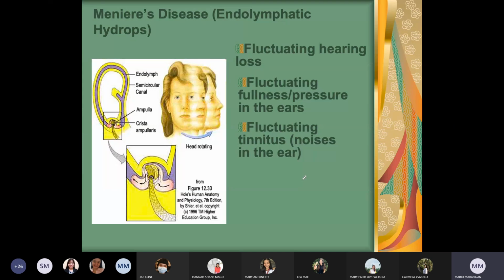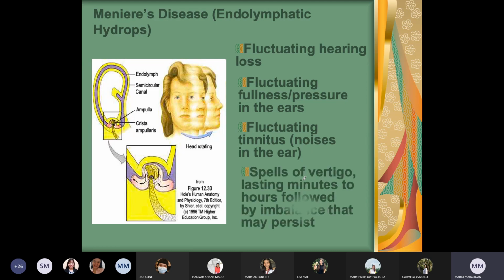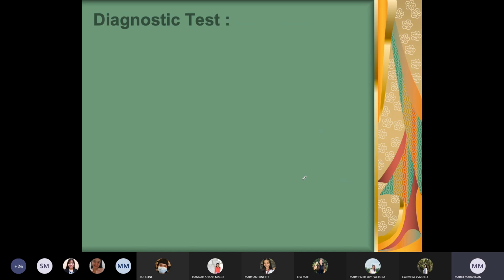It may also include a feeling of pressure or fullness in the ear, incapacitating vertigo, often accompanied by nausea and vomiting. Okay? So fluctuating pressure, tinnitus, and spells of vertigo lasting 2 hours followed by imbalance that may persist hanggang weeks, no? Tagal yun eh.